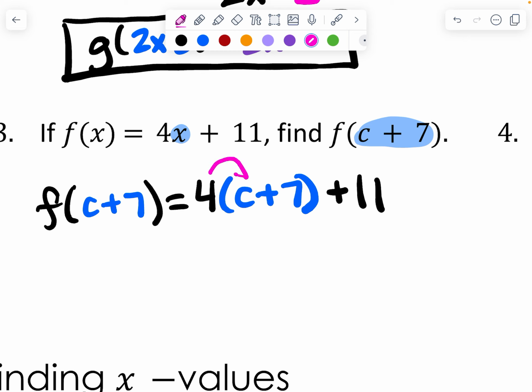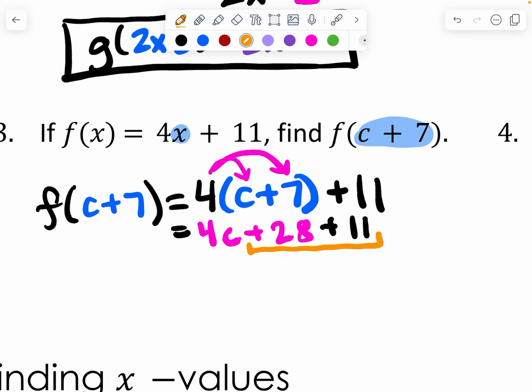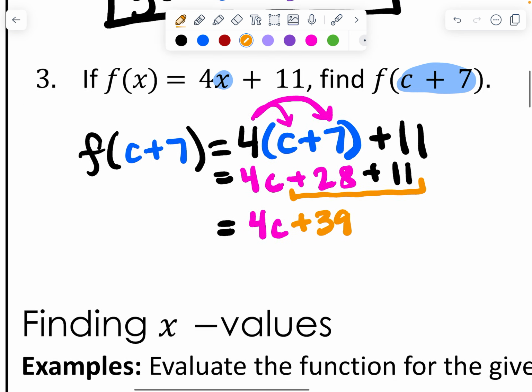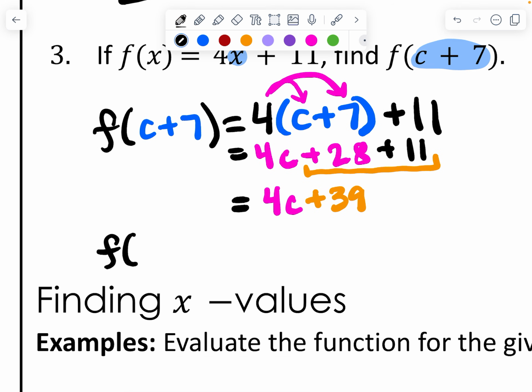So I'm going to multiply 4 times c and 4 times 7, and then combine like terms, 28 and 11. So 4c, 28 plus 11 is 39. So in function notation, f of c plus 7 equals the output of 4c plus 39.